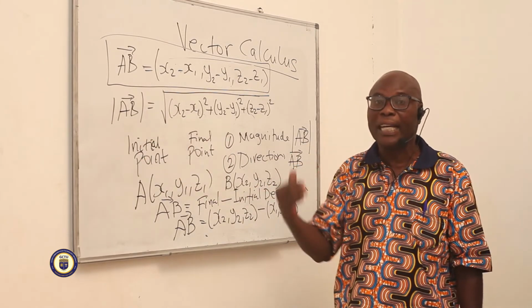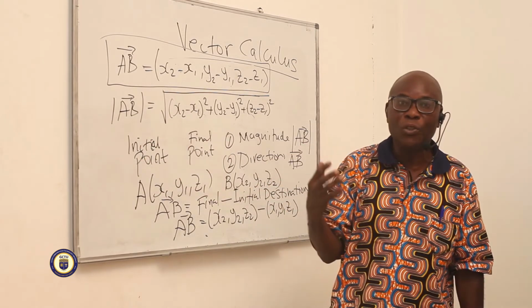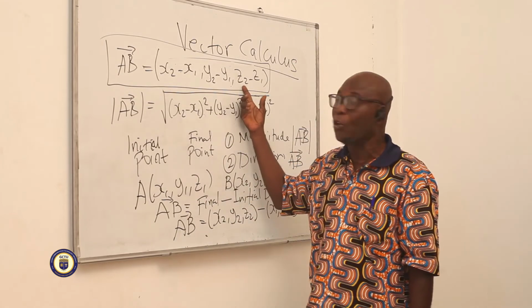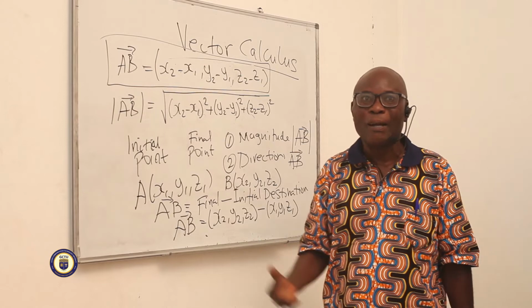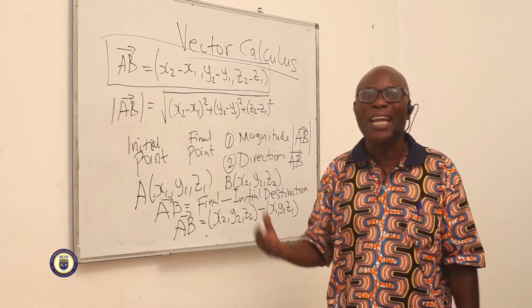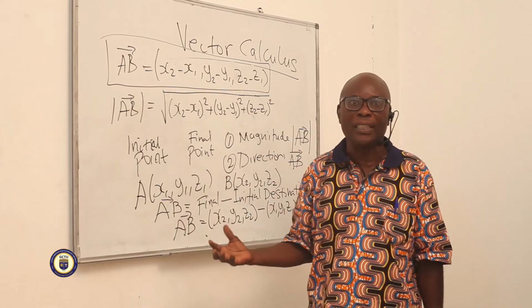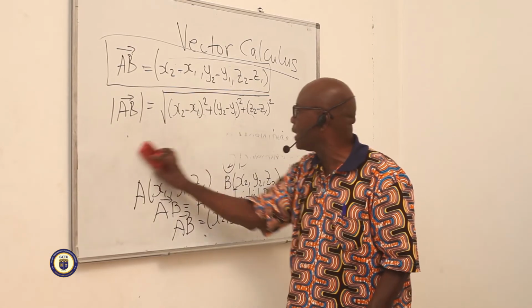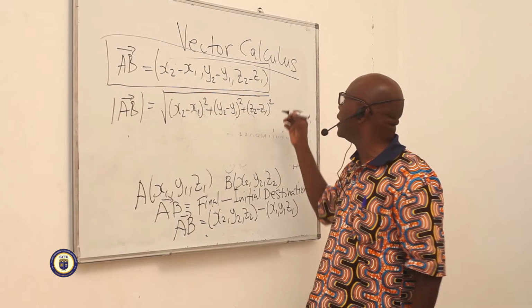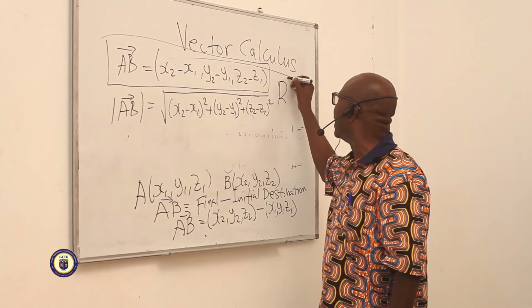If we had done that for 2 dimensions, then you realize that the z components will not be necessary, and so it's going to be shortened with the z components being out of the equation. This is for 3 dimensions, that is in space.